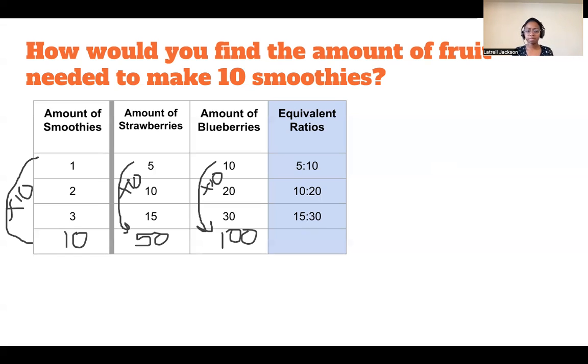Cool. So now we can write our equivalent ratio for 10 smoothies. That would be 50 to 100. And that's our equivalent ratio.